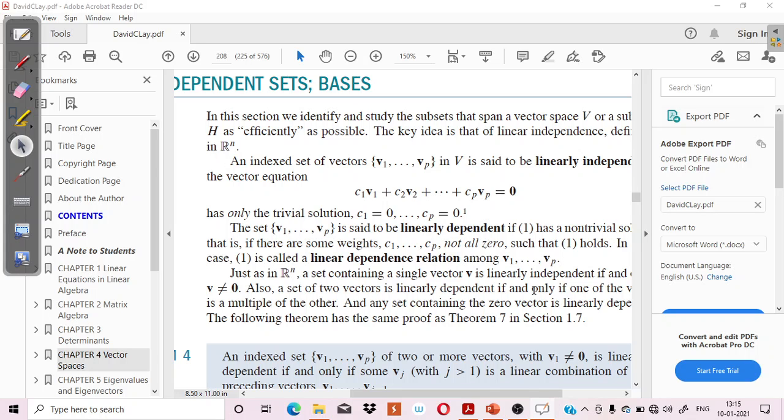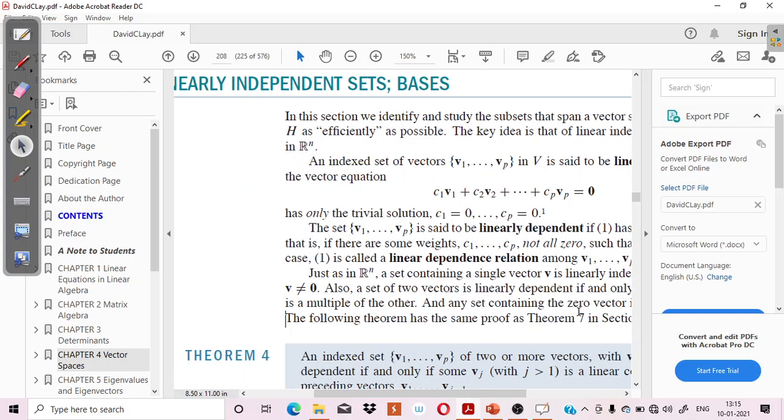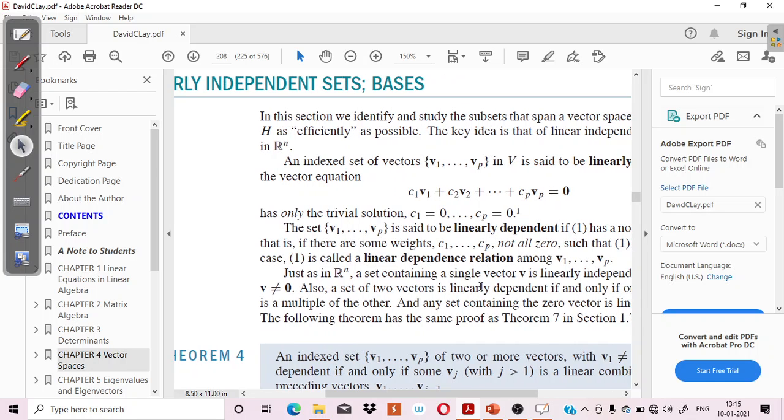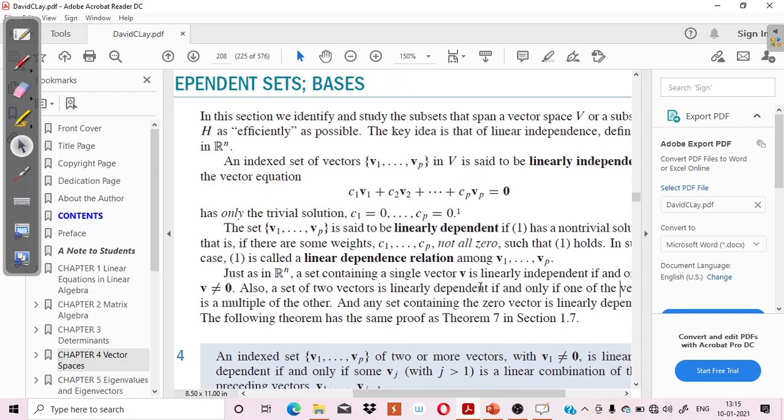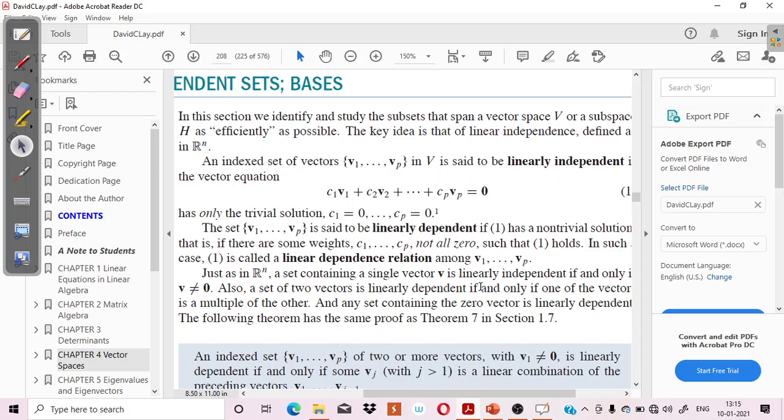That is what this is saying: vectors are linearly dependent if and only if one of the vectors is a multiple of the other.